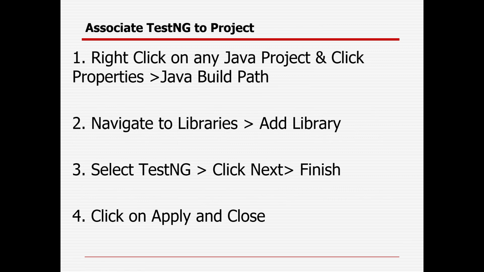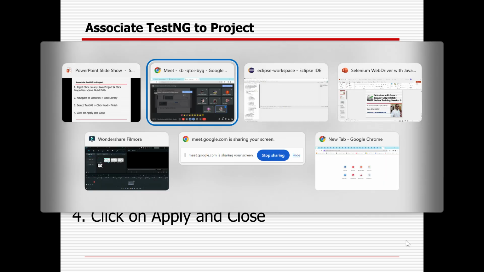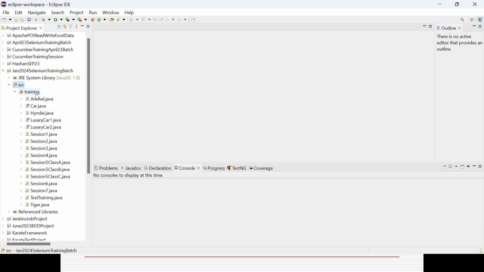Second part, once your TestNG is available, then you can simply create a project, or you can go with an existing project. Similarly, you can create a package. No need to create a class right now. I already have the C project created, with the SRC folder and the training package.